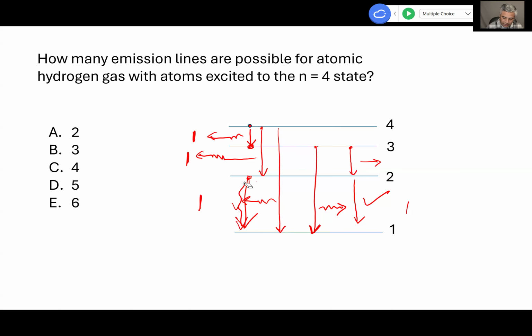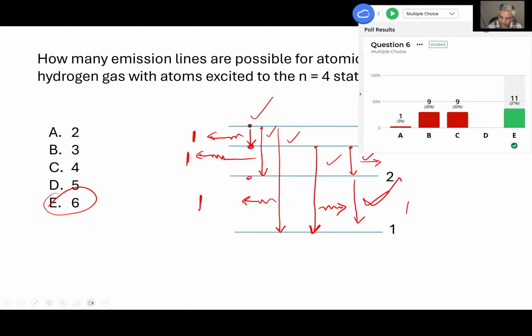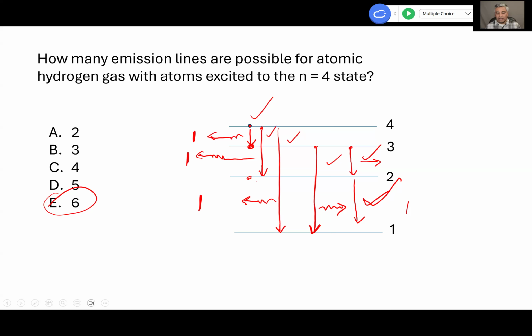So we don't need to double count because both of these produce the same line. So how many transitions are there? 1, 2, 3, 4, 5, 6. So it looks like E is the correct answer in this case. We need to look at all possible combinations.